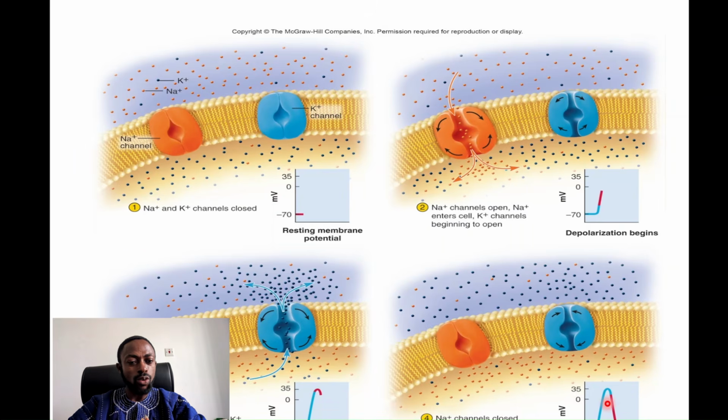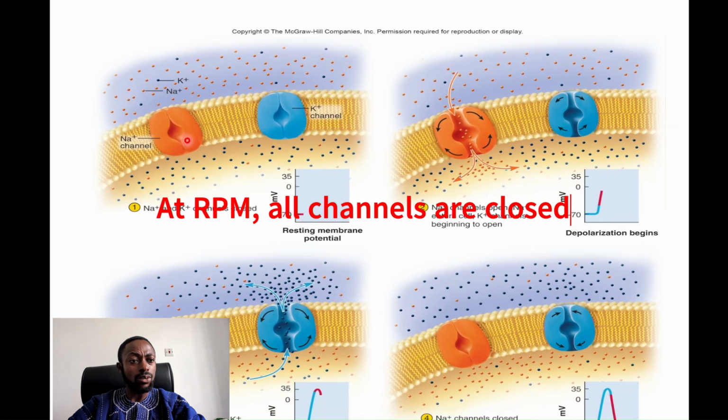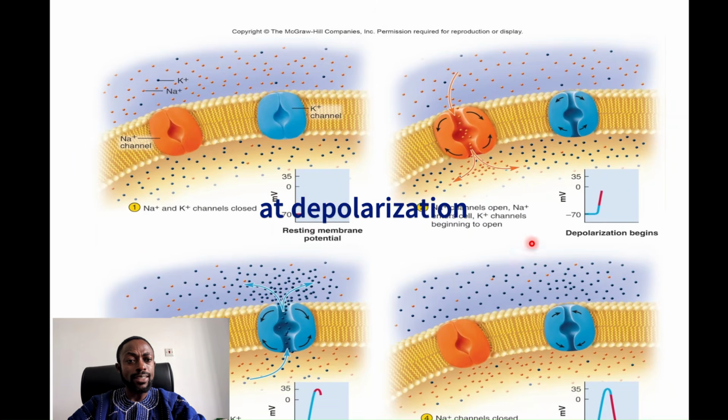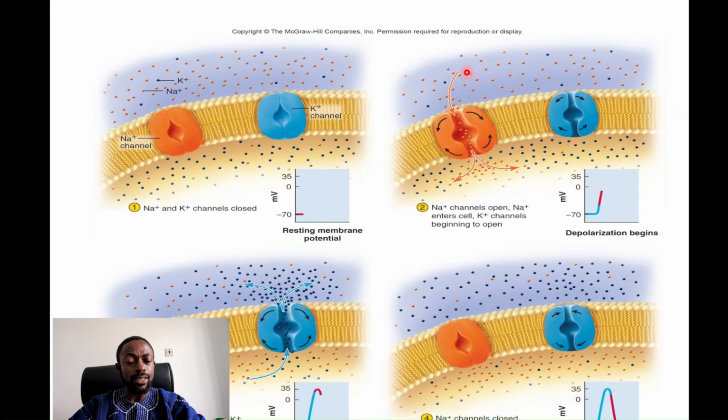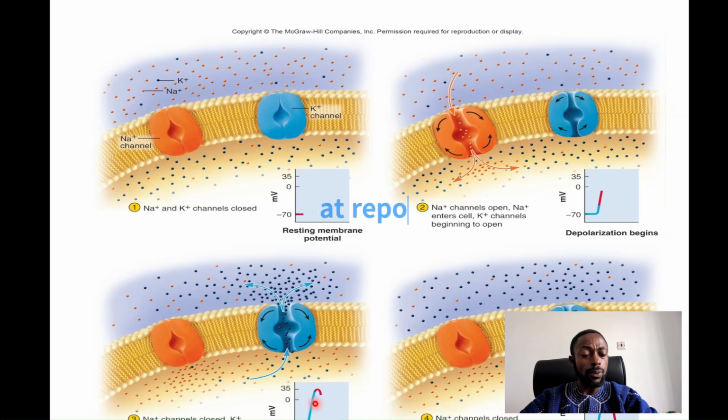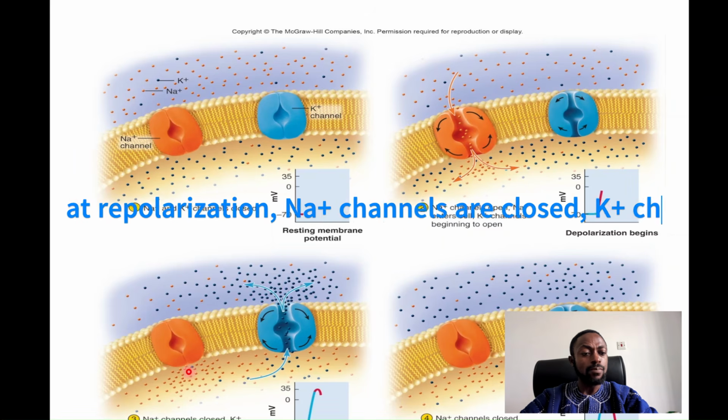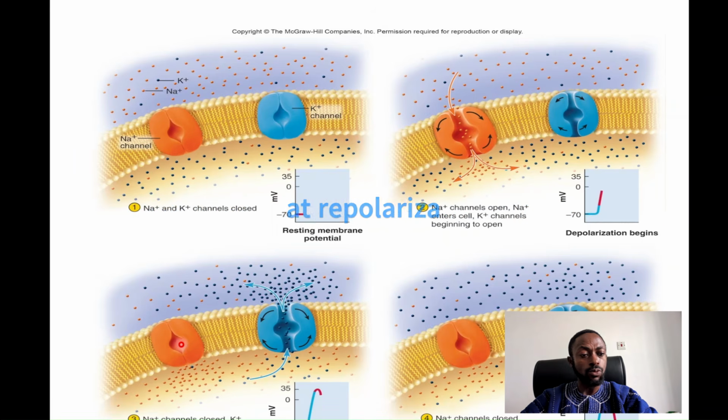And one thing you need to recall is the nature of the channels at each stage. At resting membrane potential, all the channels are closed. During depolarization, only voltage-gated sodium channels are open and sodium ions are coming in. During repolarization, voltage-gated potassium ion channels open whilst voltage-gated sodium channels close.